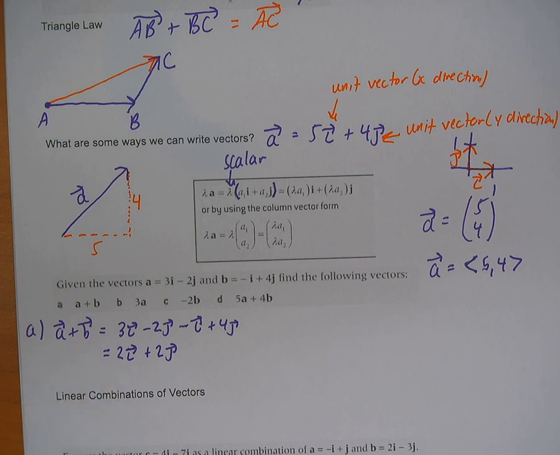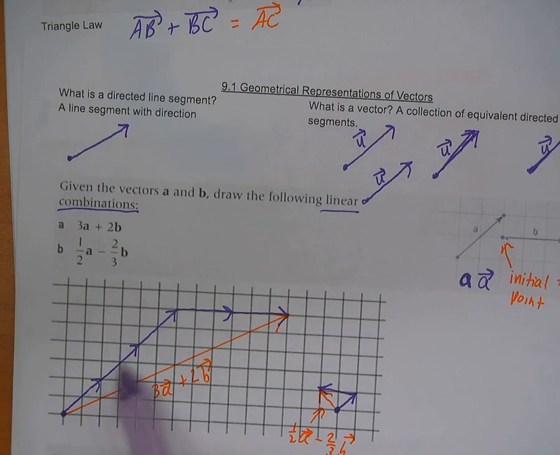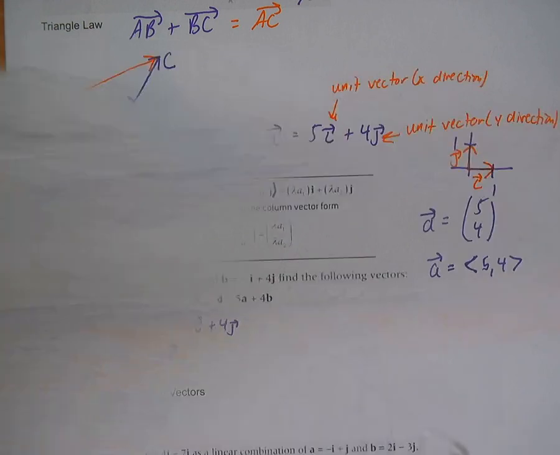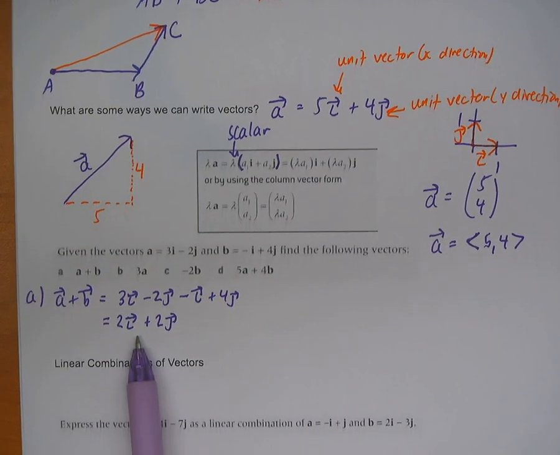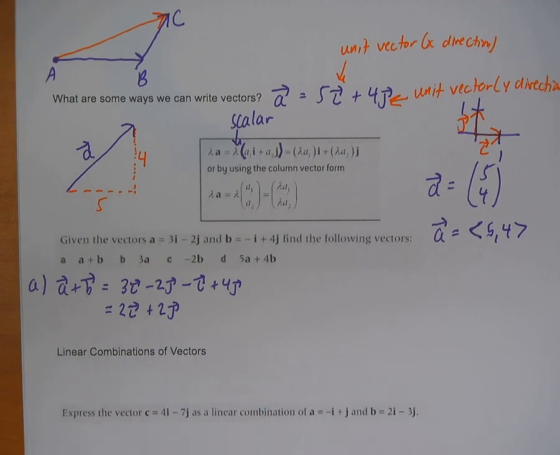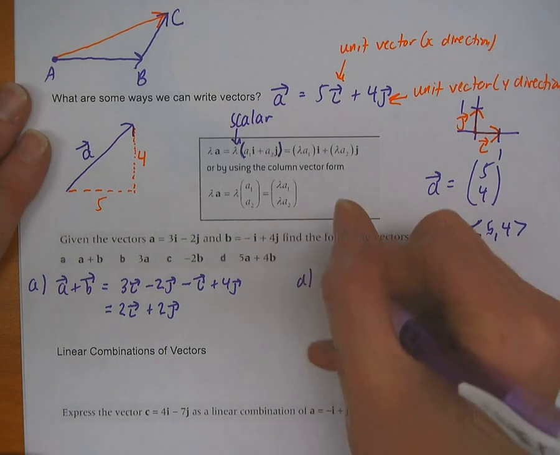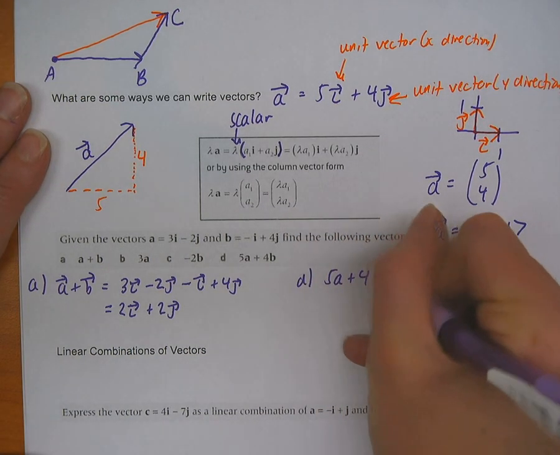Basically, this is just doing a shortcut. Instead of drawing it all out like we did here, you can find what it would be by simply using algebra. Let's skip a couple of these. Let's try D. 5a plus 4b.